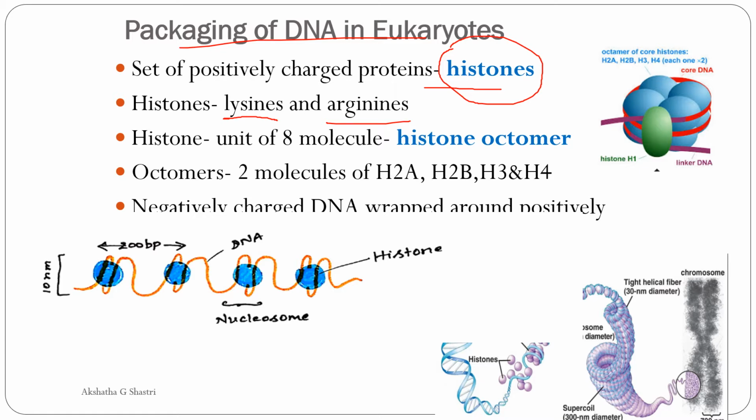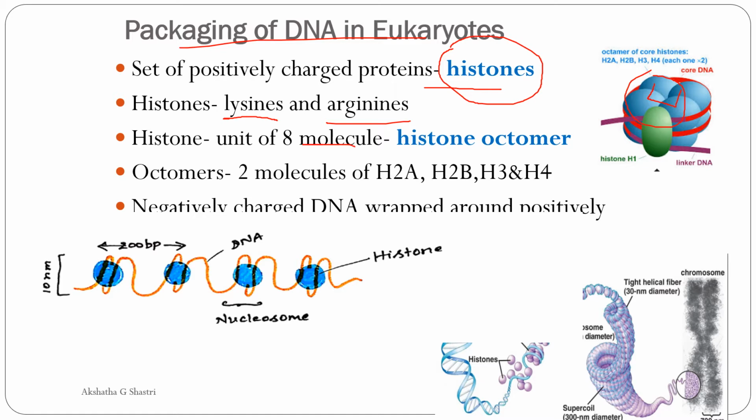Histones are organized to form a unit of 8 molecules. See, this is a histone and it is organized into a unit of 8 molecules. So, this is one molecule, second, third, fourth, and similarly the backside four.